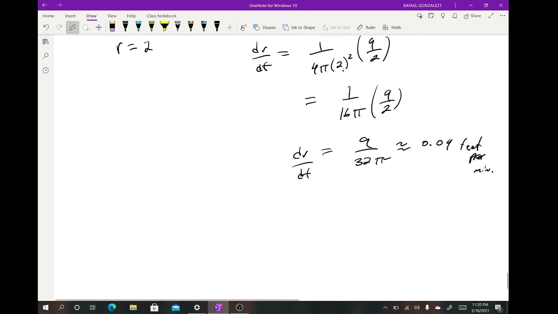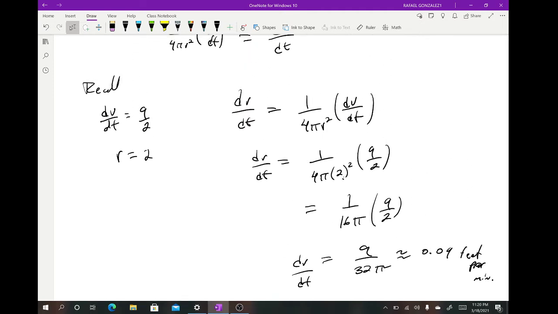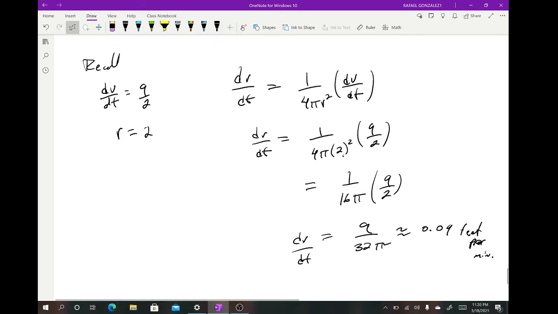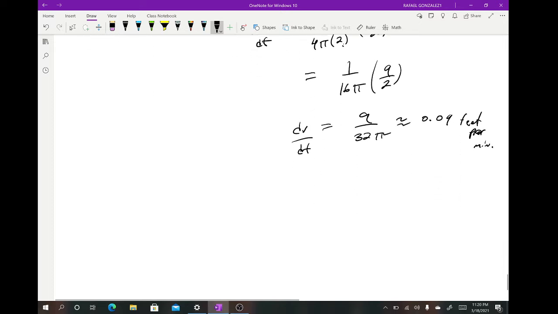In this particular case, notice that the radius is growing more and more as the time increases. So the bigger the time, the bigger the radius, because the more inflated the balloon will be. Okay.